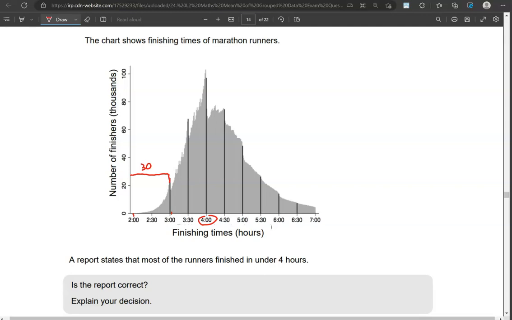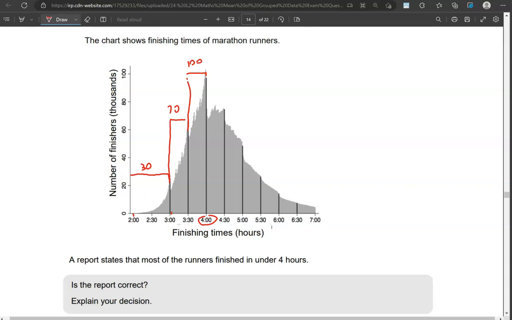And between 3 and 3:30, that is roughly 70,000, and between 3:30 and 4, that is roughly 100,000.